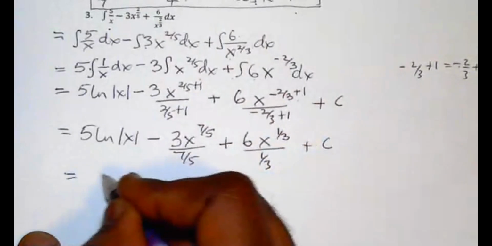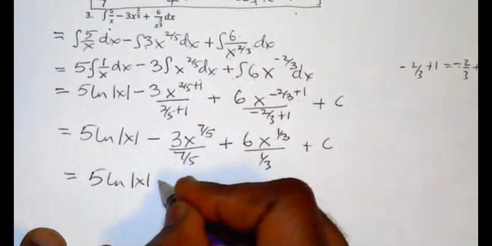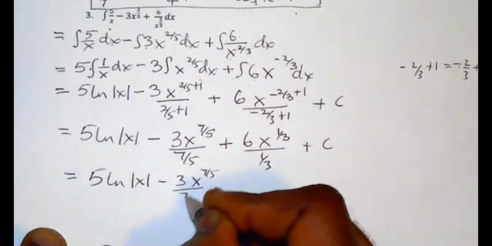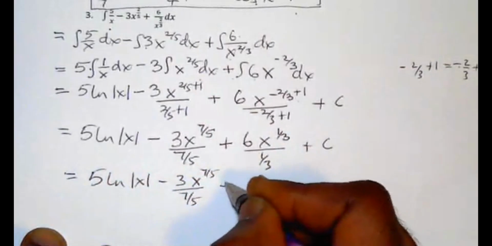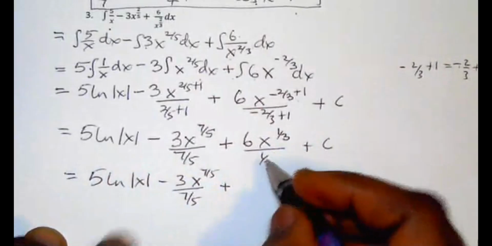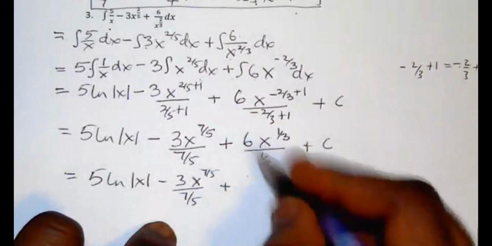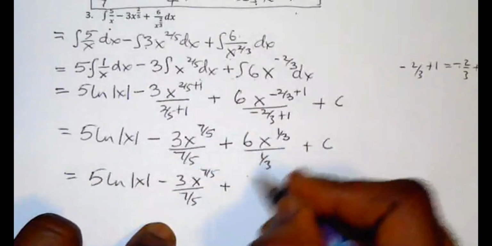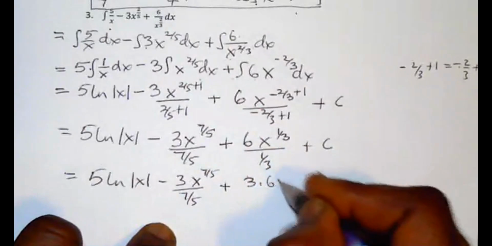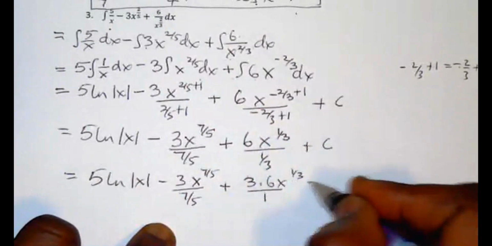So let's finalize this. We have 5 natural log of the absolute value of x, minus 3 x to the power 7 over 5 over 7 over 5, plus, let me just rewrite this down. Okay, I should have done that here. So we'll have 3 times 6x to the power 1/3 over 1, reciprocal of this, plus c.